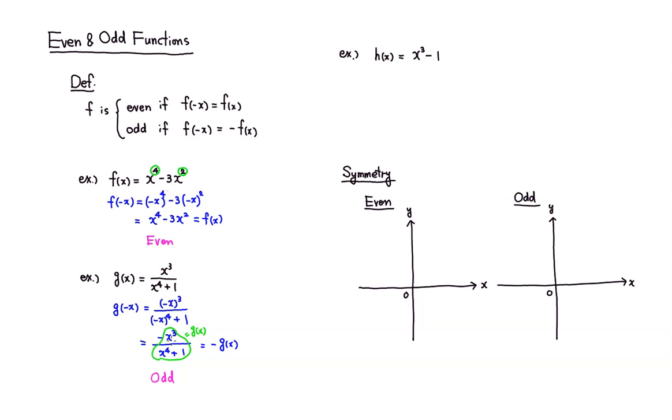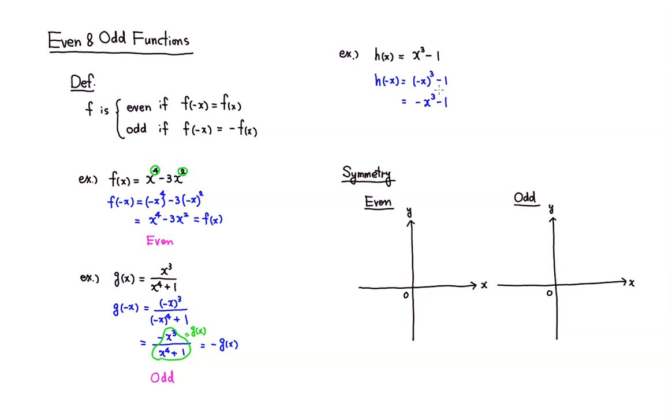How about the third example? h of x is equal to x cubed minus 1. So you plug in negative x there. You have the quantity negative x raised to the third power minus 1, which is really the same thing as negative x cubed minus 1.